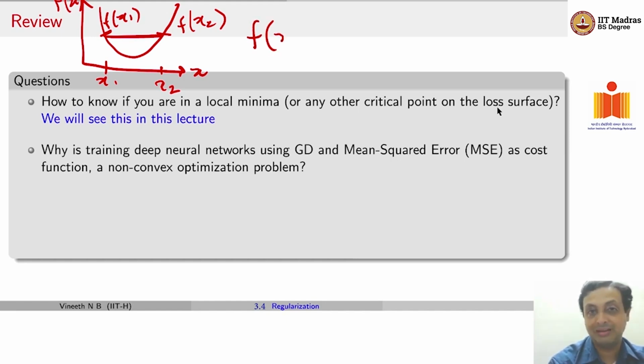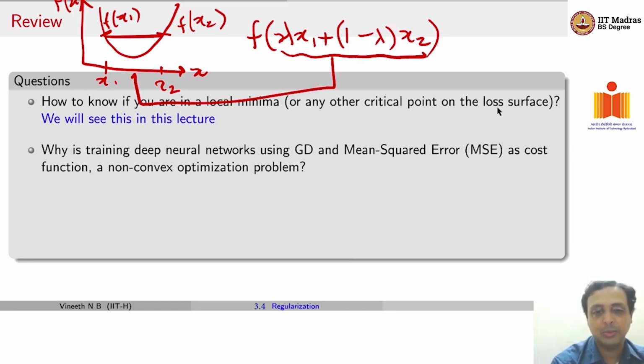any combination between x1 and x2, so let's call it, say, some lambda times x1 plus 1 minus lambda times x2. Right? So this quantity here will be any point lying between x1 and x2.